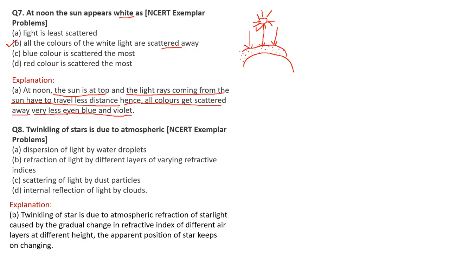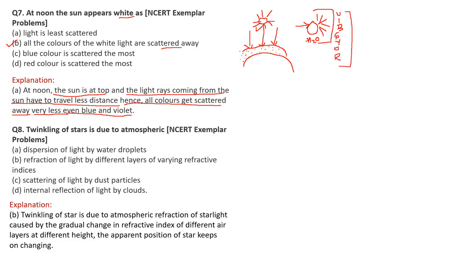See children, if a light strikes a water droplet, this is a water droplet, H2O droplet, it completely gets scattered into different colors, that is your VIBGYOR, and they form white color, right?